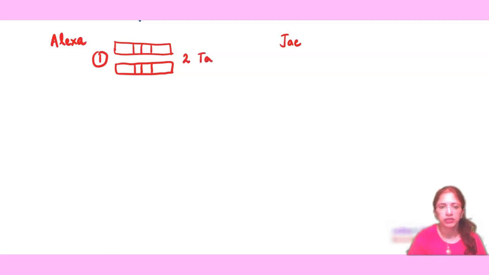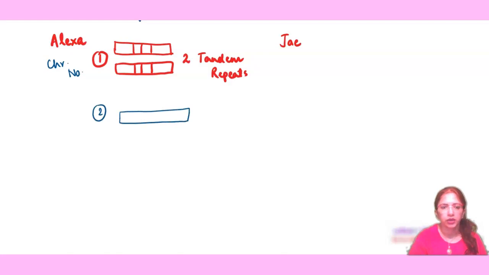These are my 2 tandem repeats, and here 1 means the chromosome number. Now let's proceed and draw for chromosome number 2. Again, the blocks here mean the tandem repeats.